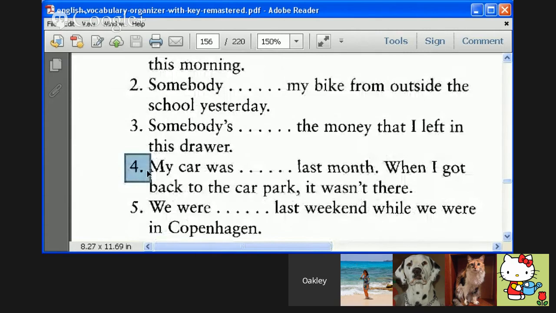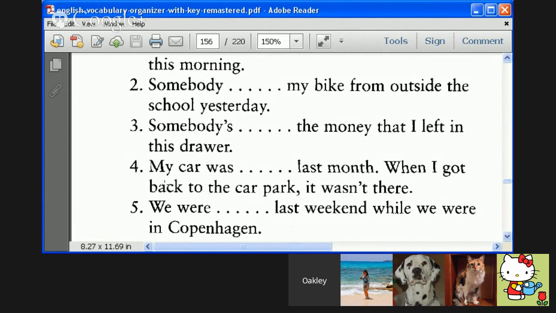Mauricio, number four. My car was robbed last month. When I got back to the car park, it wasn't there. No, and the difference is you rob a person, or you can rob a company, or you can rob a bank, for example. You can rob a liquor store.